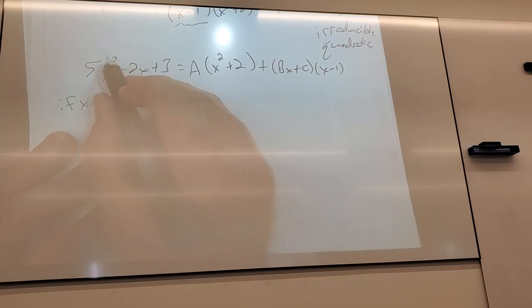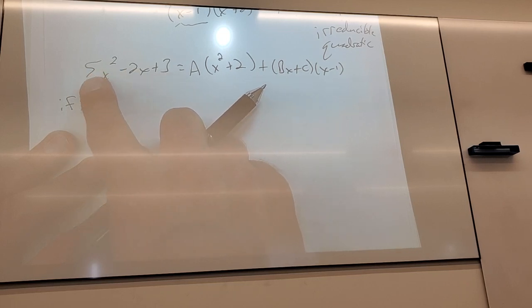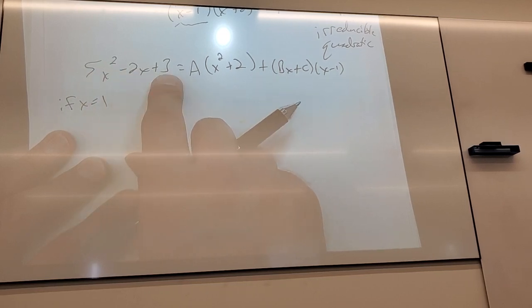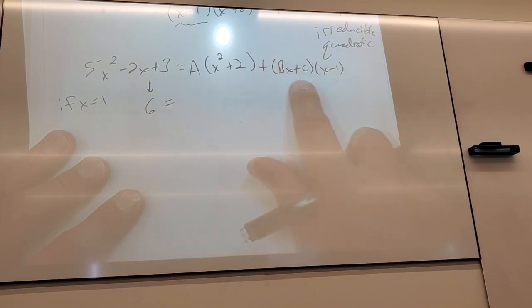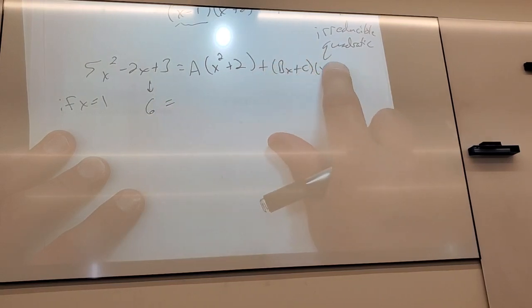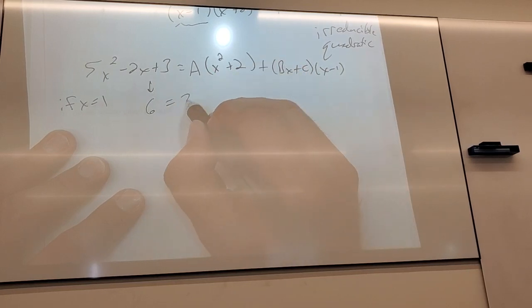So if x is 1, what's this side? 5 minus 2 is 3, plus 3, 6. This is 0, yes? So what's this? If x is 1, 8. 3. So A is 2.